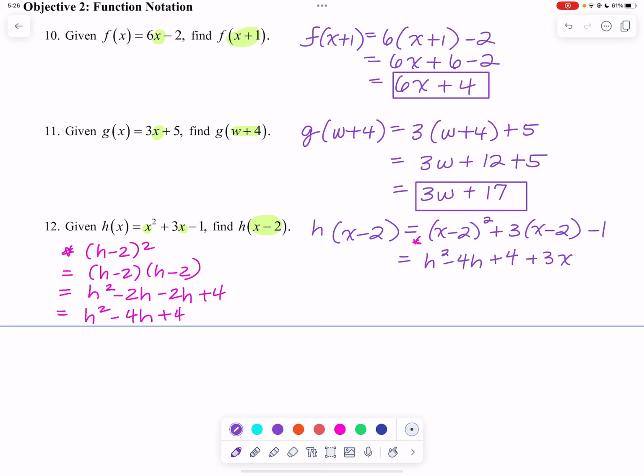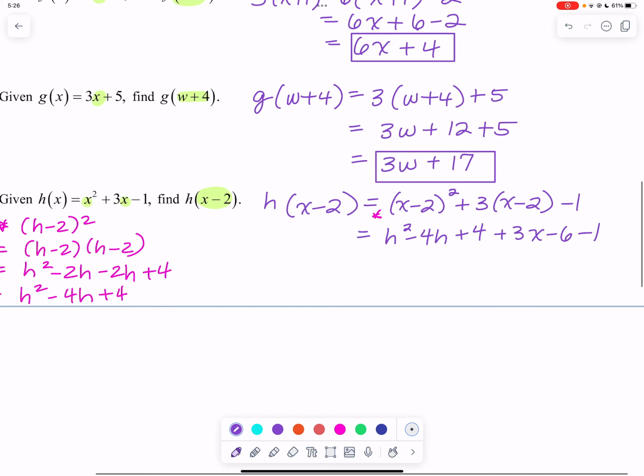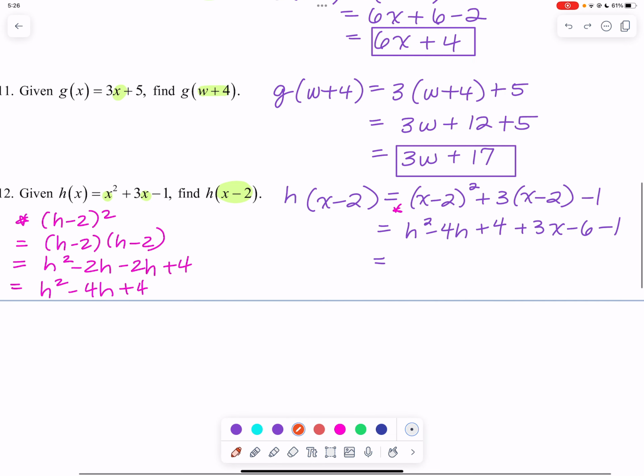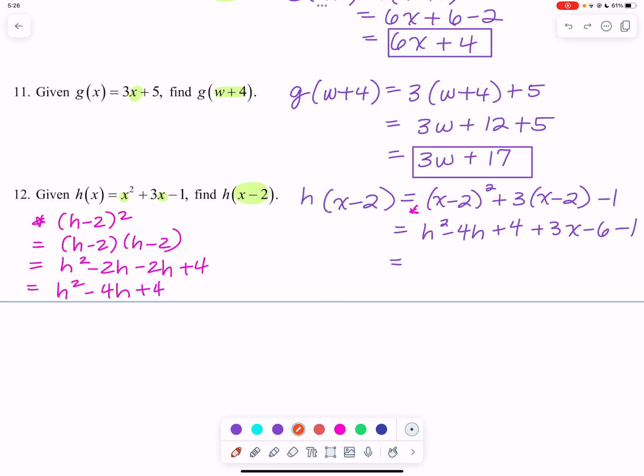Now let's distribute that 3, and we don't want to forget about that minus 1. Whoops, that should be an x minus 2 squared. I don't know why I did an h.